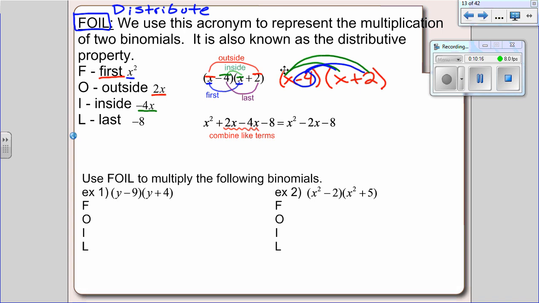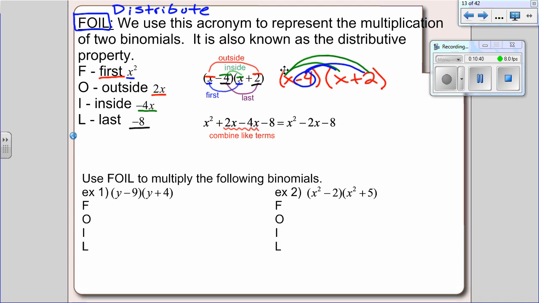So F was the first term in each binomial, L is the last term in each binomial. So the negative 4 and the 2, the last terms, make negative 8. If you want to use FOIL, that's fantastic. If you want to just understand how distribution works, that's fine too.